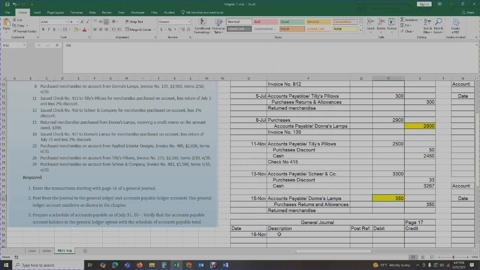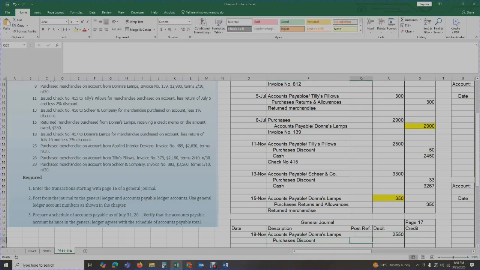So we're going to go ahead and debit my accounts payable for Donna's Lamps for the balance due of $2,550. Now we have to figure out our discount.